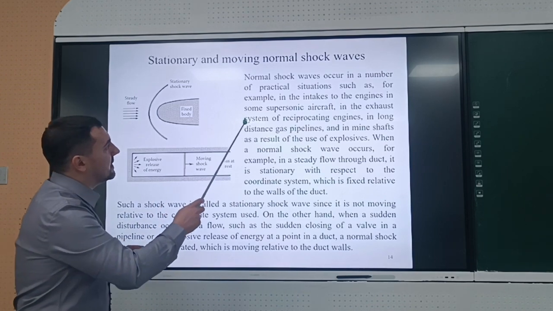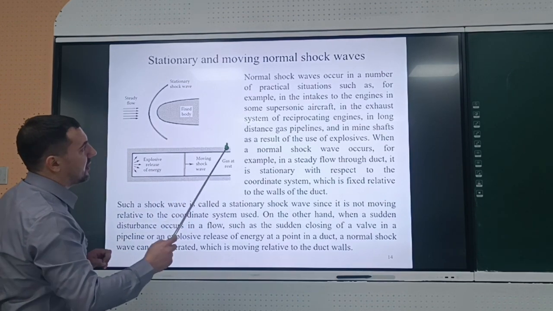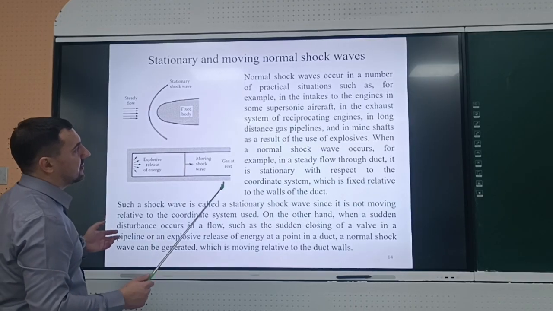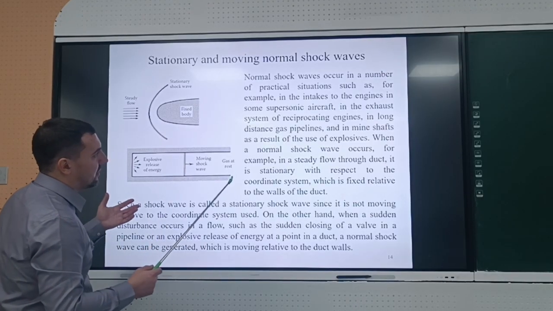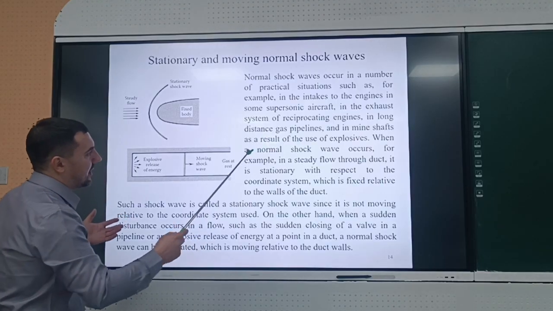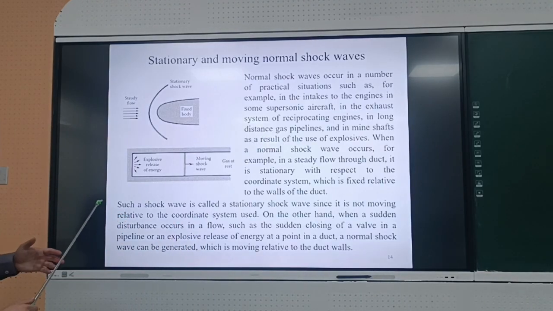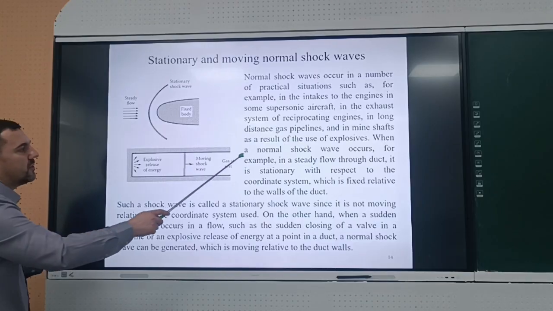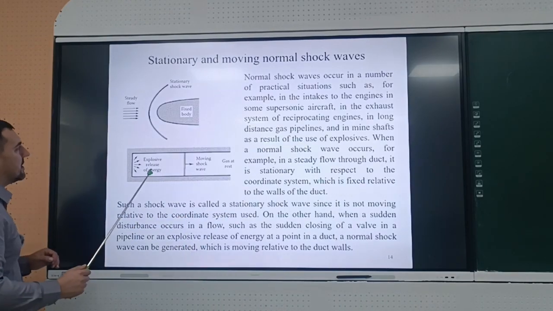Normal shock waves occur in a number of practical situations, such as in the intakes of engines in some supersonic aircraft, in the exhaust systems of engines, in long-distance gas pipelines, in mine shafts, and as a result of the use of explosives.